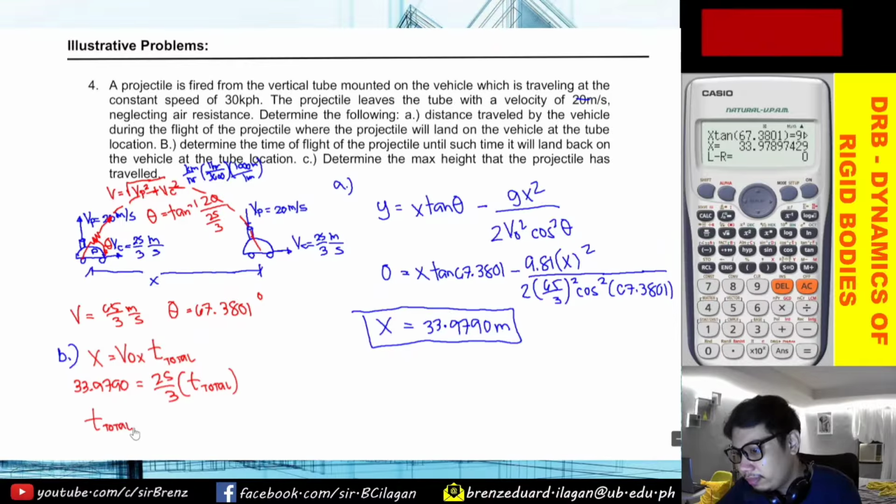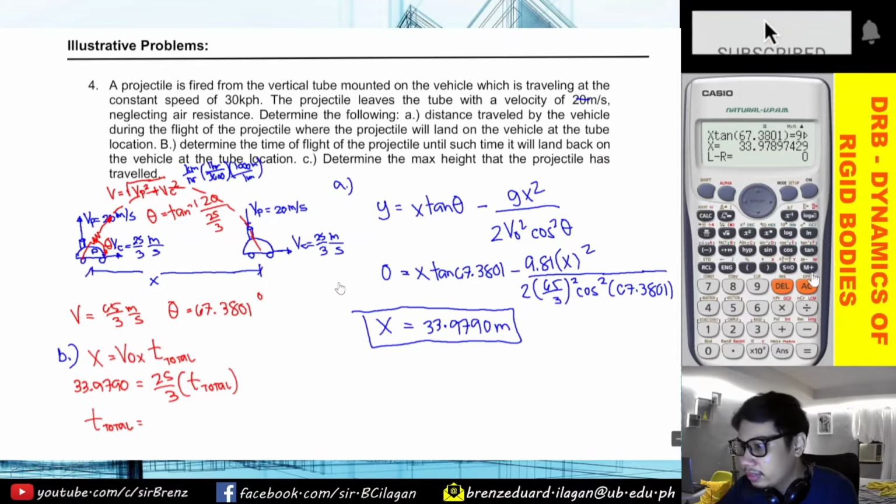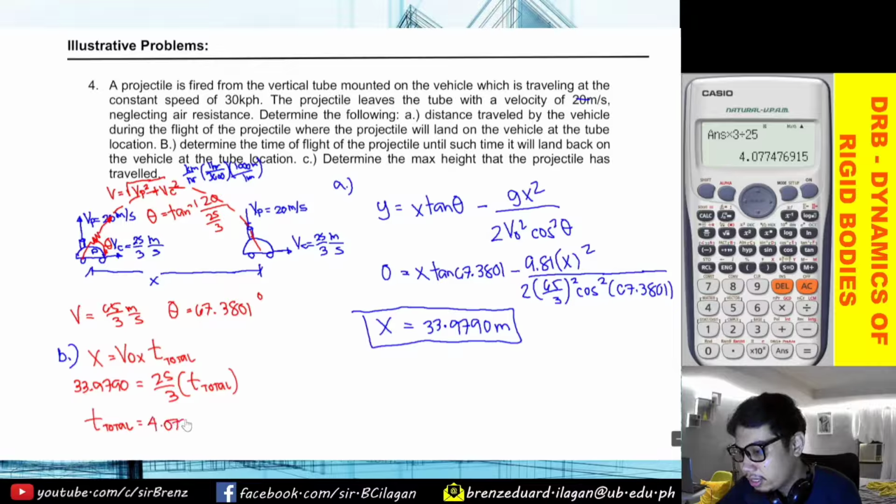So the total time is times 3 then divided by 25. That is 4.0775 seconds.